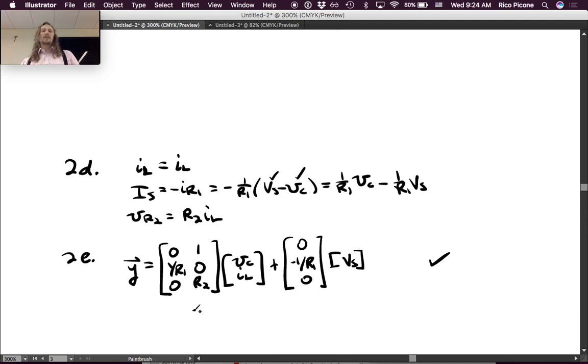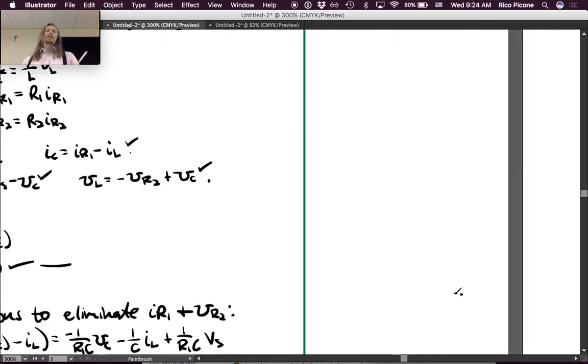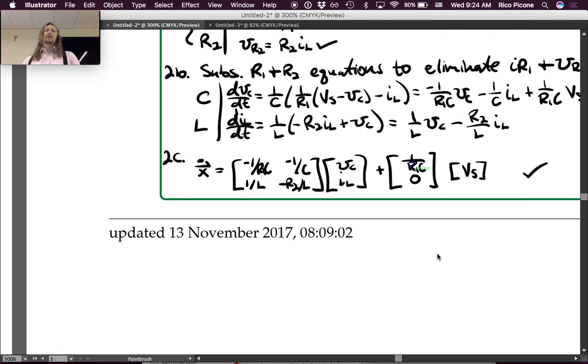This is our C matrix, this is our D matrix, and then back over here, we didn't write it, but this was our A matrix, and this was our B matrix. So once we've got A, B, C, D, we have a state space model, if it's a linear system.